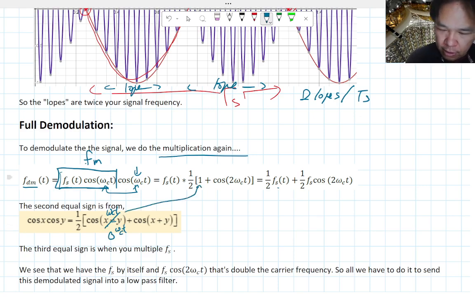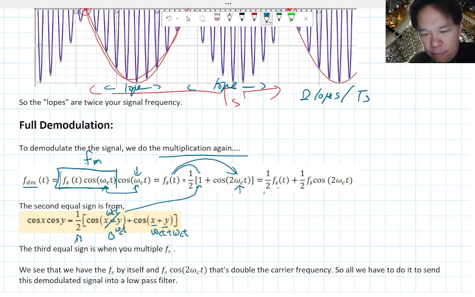Hence this term. The other one is the sum of them, so this is omega_c t plus omega_c t, so you get twice. Of course there's a 1/2 factor from the identity. And then you distribute this f(t) into it.